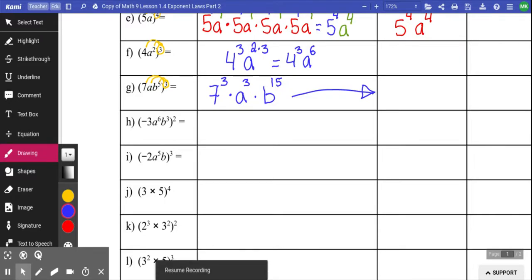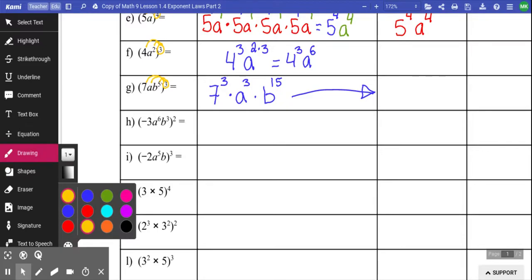There's a trick to H that makes people make a big mistake on it. A lot of people who get the power of a power law do a pretty good job of taking the 2 and multiplying it into the exponents. Then they write this out: negative 3 to the power of 2, a to the power of 12, and b to the power of 6.